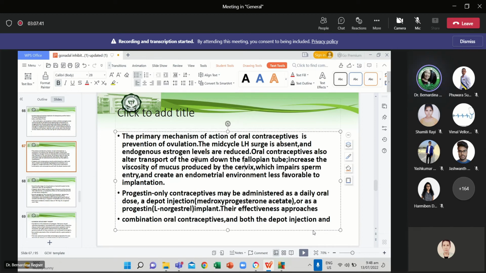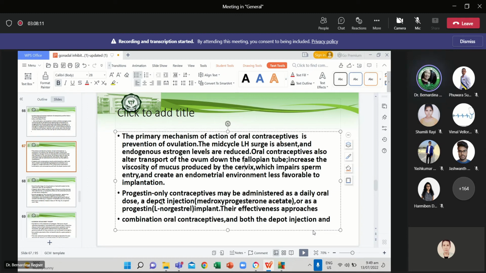It will be difficult to transport the ovum from the ampulla of the fallopian tube to the uterus, because it will now alter the linings of the fallopian tube. So those are the effects of your oral contraceptives. Okay, so that is the mechanism of action of your oral contraceptives.